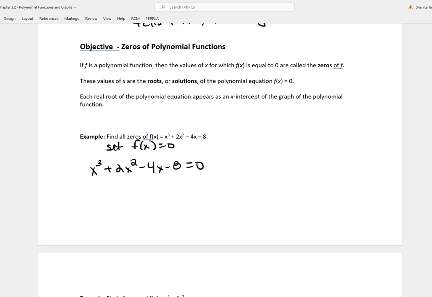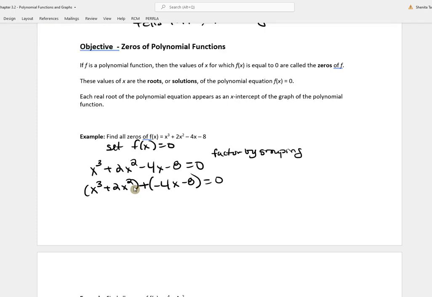In order to solve this, we're going to factor by grouping. This is something that you're expected to know. So what I'm going to do is group the first two, and then group the second two. Let me write that up. Let me get the eraser out.